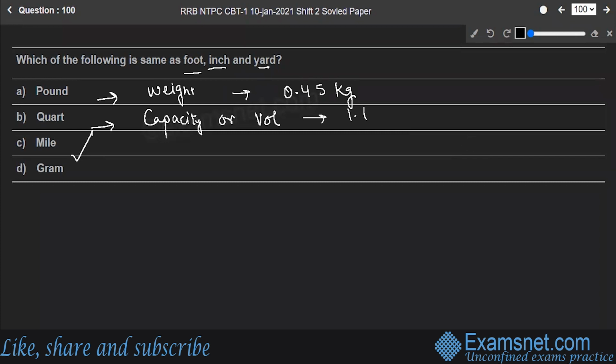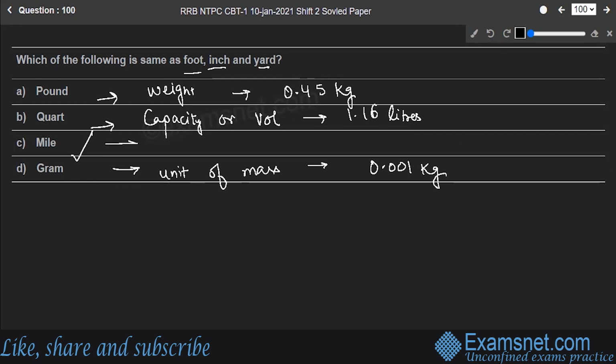And this is equal to 1.16 liters. Then gram, it's a unit of mass. 1 gram is equal to 0.001 kilograms.